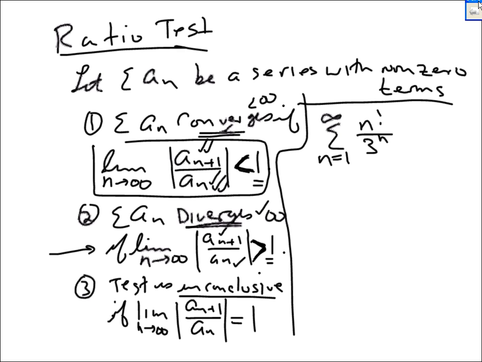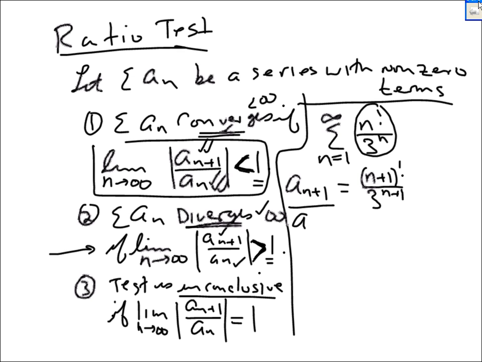Okay, so what we're going to do is the ratio test. A sub n plus 1. Remember, that's a sub n. A sub n plus 1: instead of n, we put n plus 1. N plus 1 factorial divided by 3 to the n plus 1.